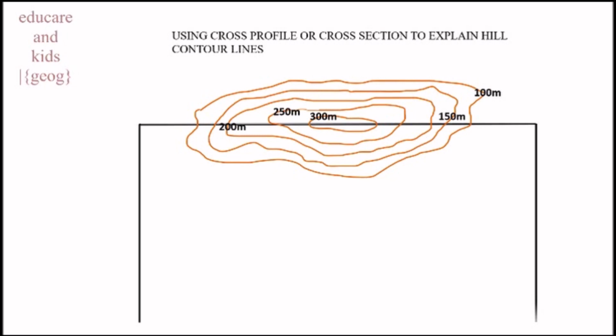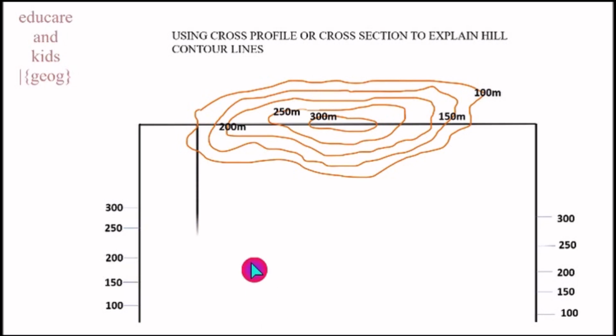Now after that, you calibrate them according to the contours. So 100, 150, 200, 250, and then 300. You do it at both the right hand side and the left hand side. Then after that, you trace every contour to the calibration.